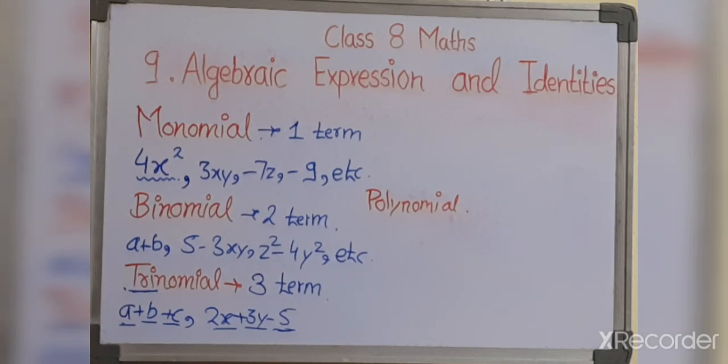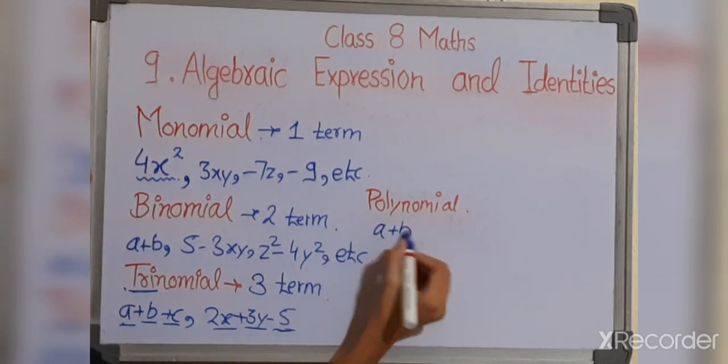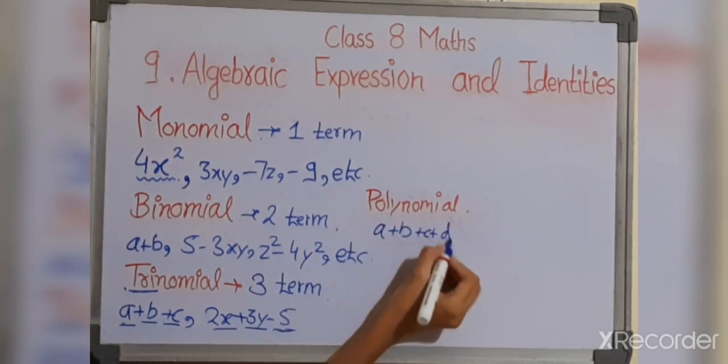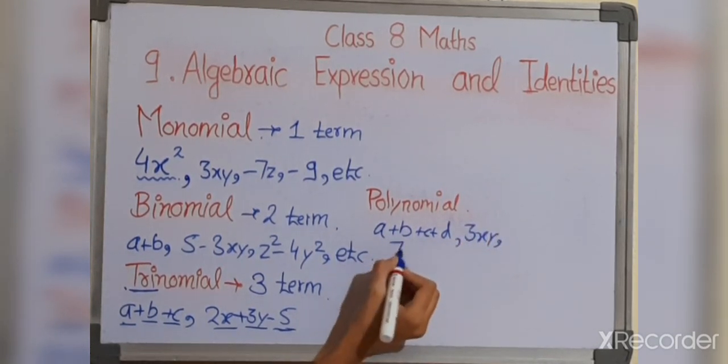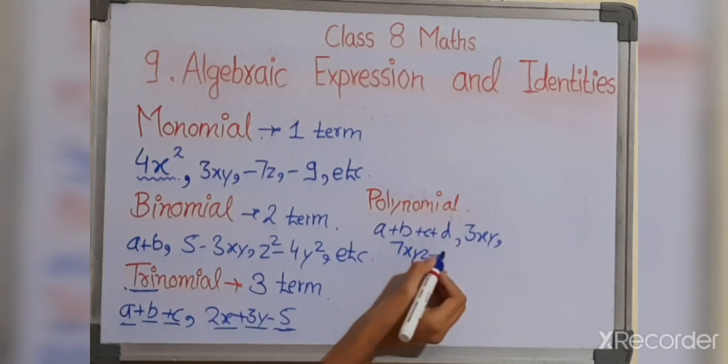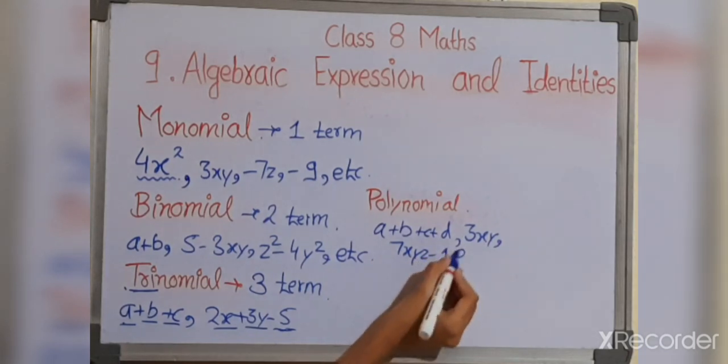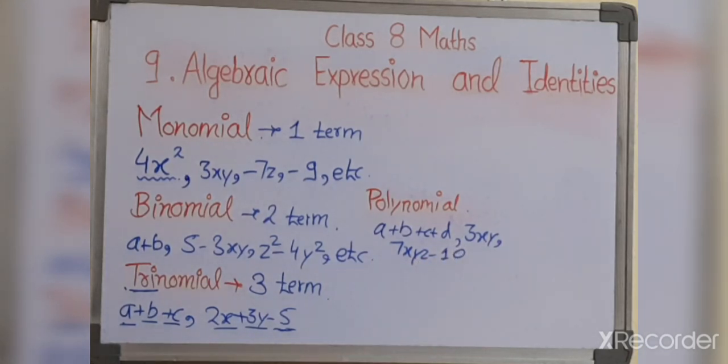So the examples of this polynomial are a plus b plus c plus d, then 3xy, then 7xyz minus 10. Here you can see that these expressions are containing more than one term, that is 1, 2, 3, 4 and n number of terms. So this is monomial, binomial, trinomial and polynomial. I hope you understand this.